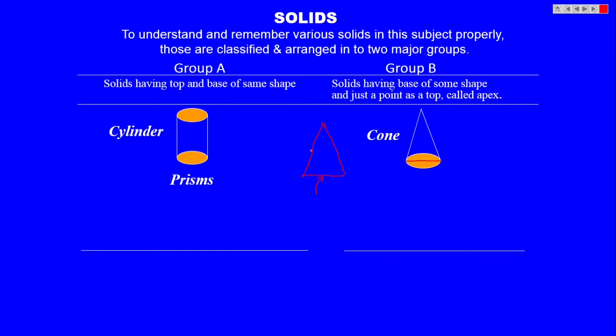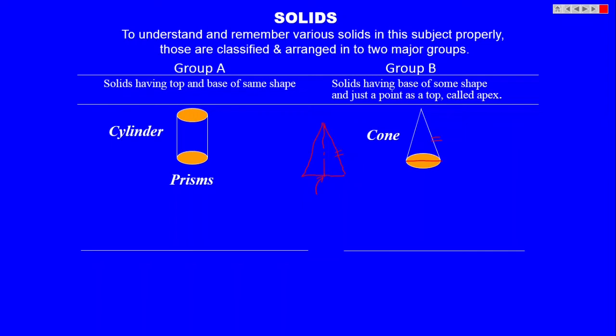And this particular generator is equivalent to this particular generator. These are the true lengths of the generators. And this point is the apex. And this axis is perpendicular to the base.